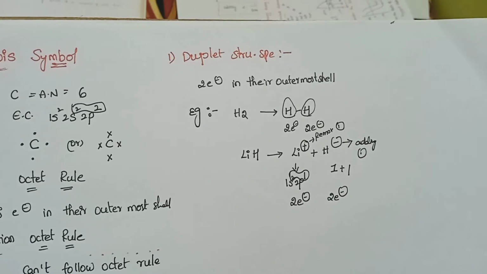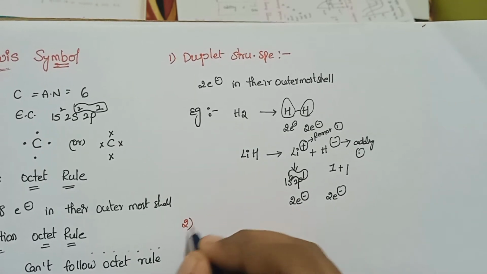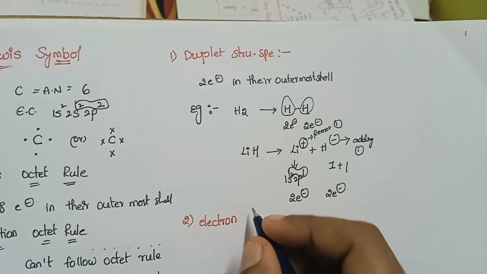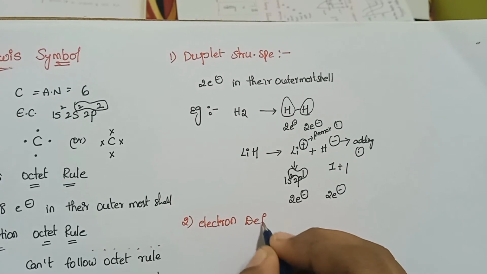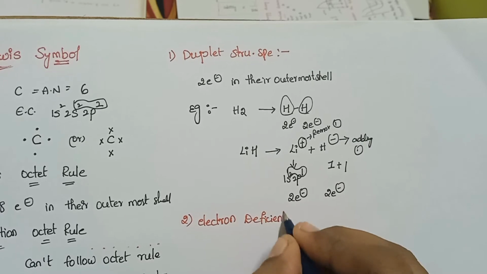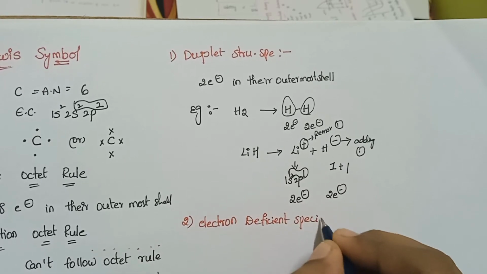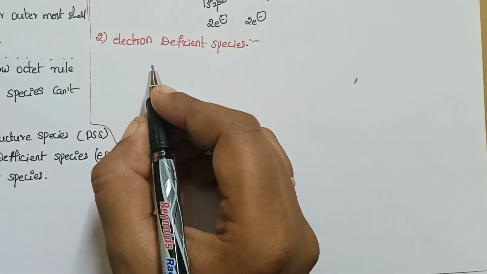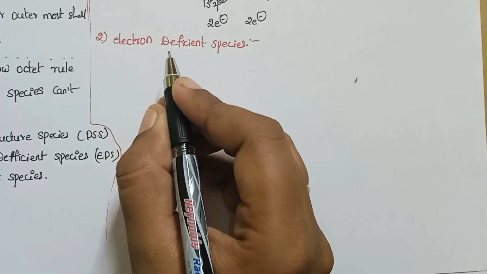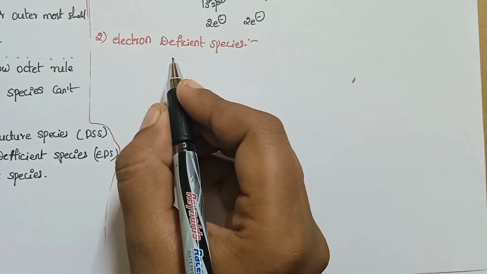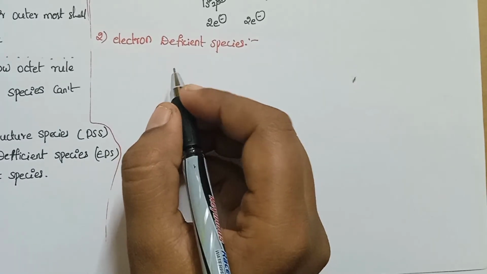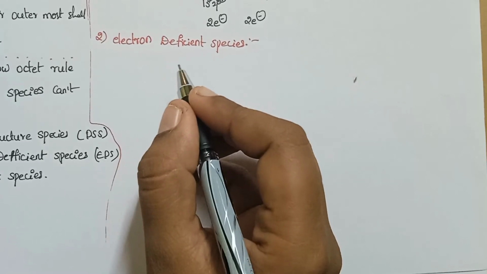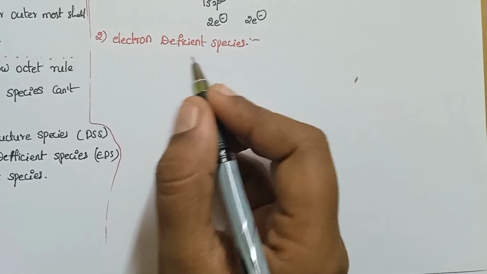Okay, the next one, the second species, electron deficient species, in which the central atom contains more than 2 electrons and less than 8 electrons in their outermost shell.